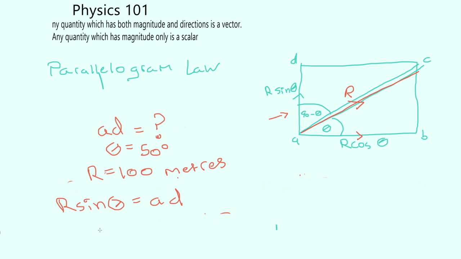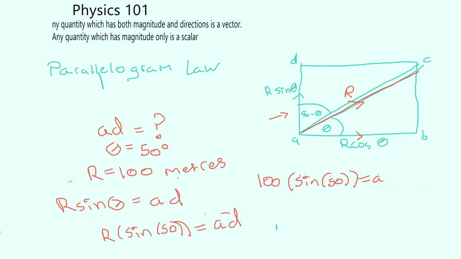So now R sine 50 is equal to AD, which we want to get to know, and we know that R is equal to 100, so we'd have 100 sine of 50 is equal to AD.